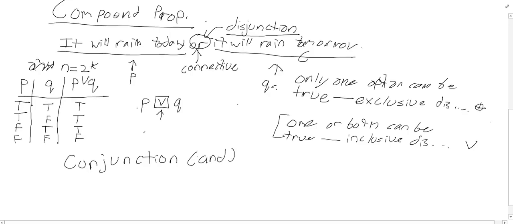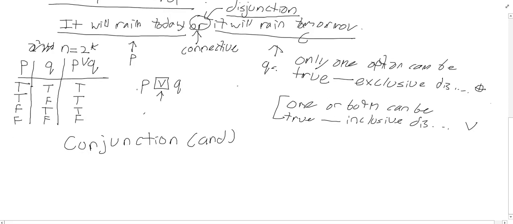So using a conjunction, we can say, all right, well, it'll rain today and it will rain tomorrow.